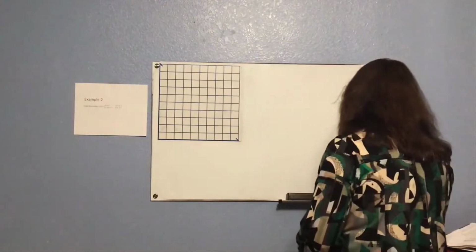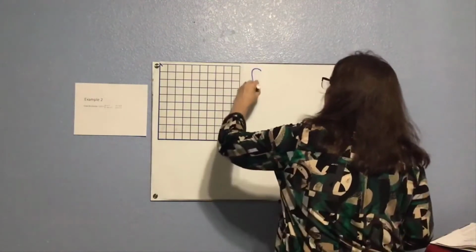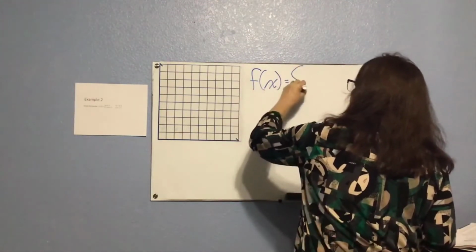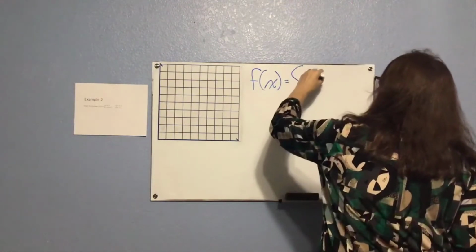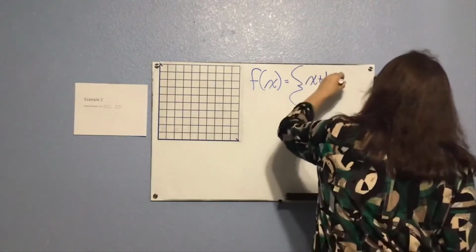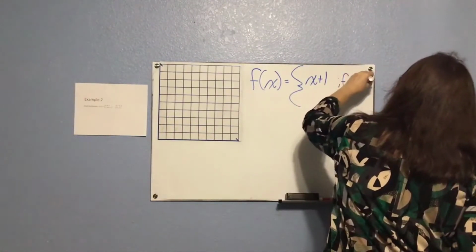In our next example, we'll be graphing a piecewise function. And this is what the function looks like. Start with our curly brace. The first part is x plus 1 if x is less than or equal to 2.